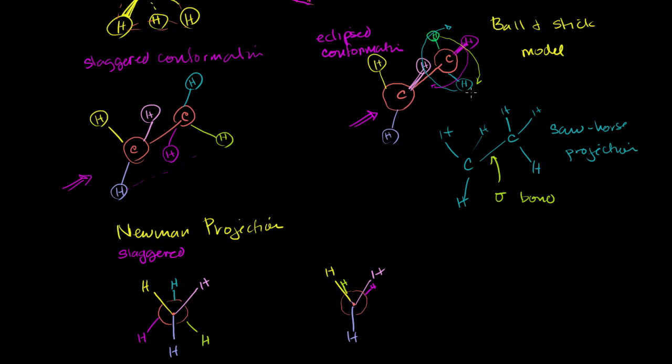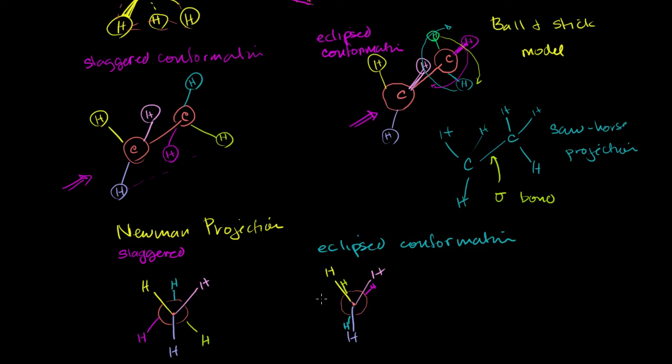And then finally you have this blue one down there, right over here. So this is the eclipsed conformation as a Newman projection. And as you can see, the back hydrogens are eclipsed by the front ones. If I were to draw it perfectly, they would be right behind it.